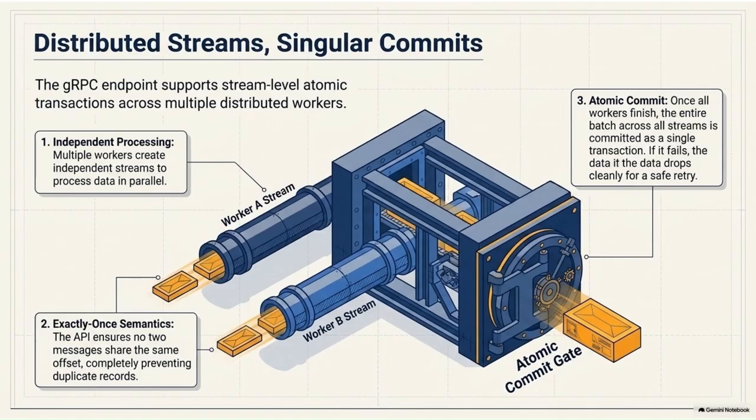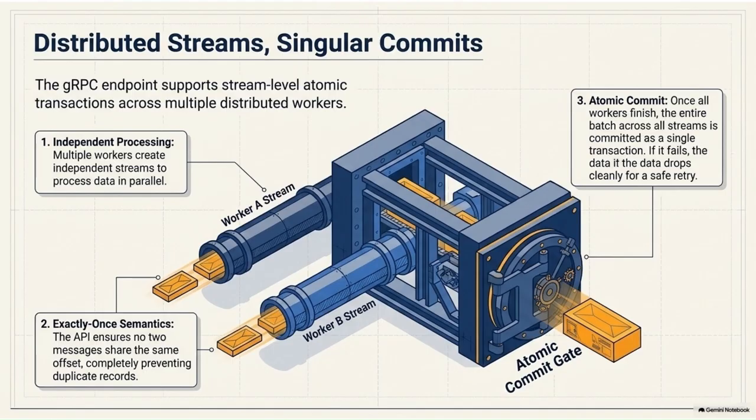So the API automatically makes sure that no two messages share the same offset, which is one of the requirements for making sure each worker gets a different offset, so that you are segregating the data, which means no deduplication is needed. Already deduplicated data is there, which prevents duplicacy at the API level itself. And multiple workers can create a stream in parallel.